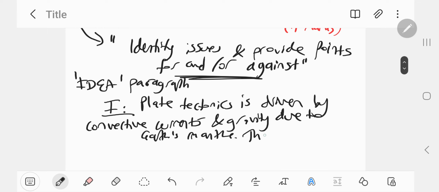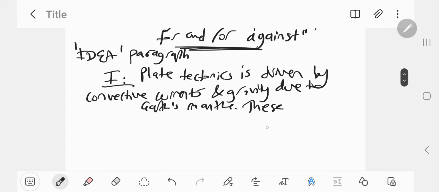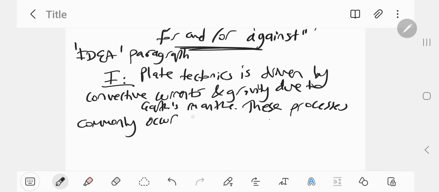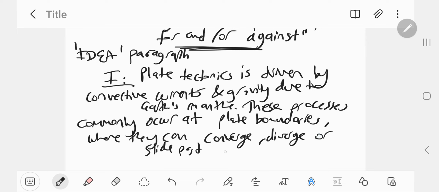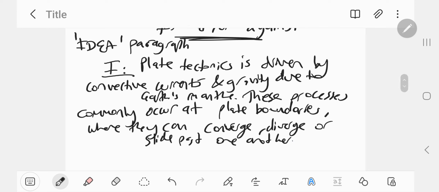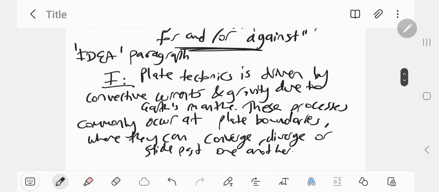And these processes commonly occur at plate boundaries, where they can converge, diverge, or slide past one another. So that's your 2 marks there.